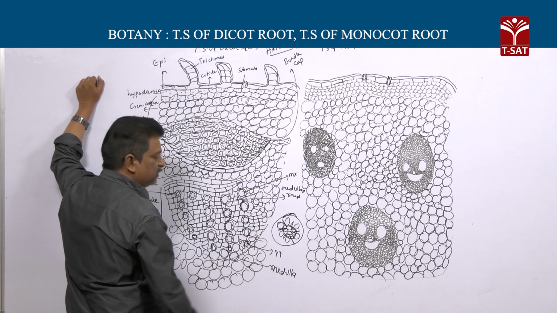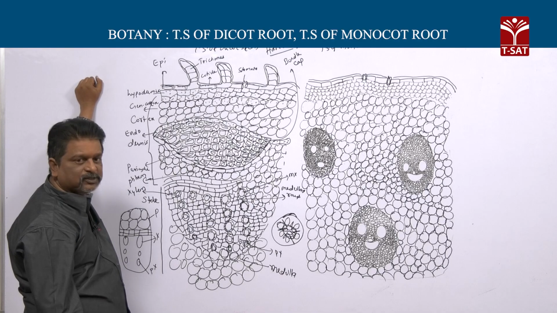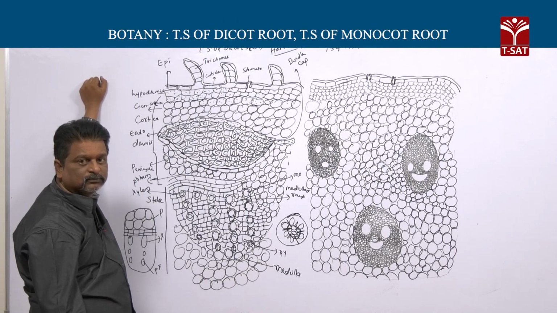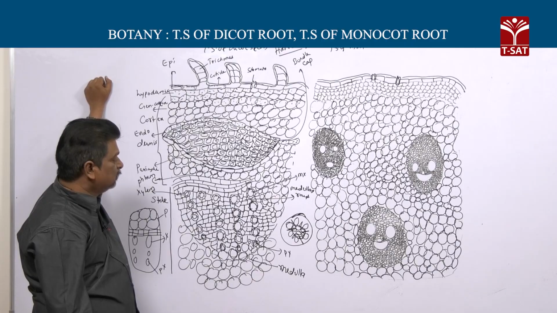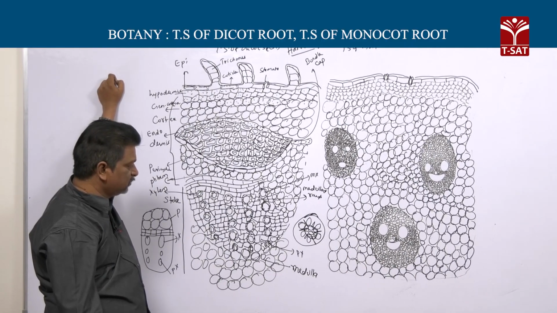And at the time of secondary growth, these medullary cells by dedifferentiation produce interfascicular cambium. So, there are two types of cambia in dicot stem.